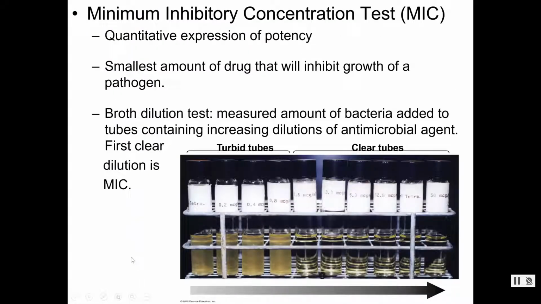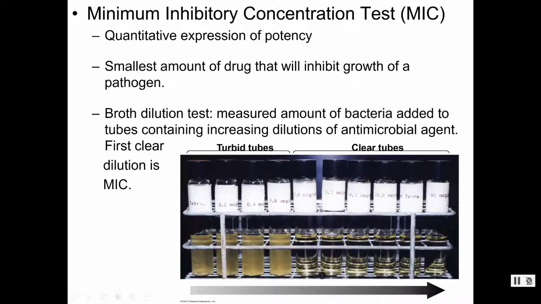All right, so how do we determine it? We can't really determine it on the Kirby-Bauer. You can do this broth dilution test. And so we start out with a certain dosage. This one is 50 micrograms of a drug, and you can see it inhibits the growth of the bacteria. So this dosage works. And they're going to do serial dilutions, which means we're going to dilute it by half with every one, so 50 to 25 to 12.5 to 6.25, and each of these dosages is sufficient to get rid of the bacteria.